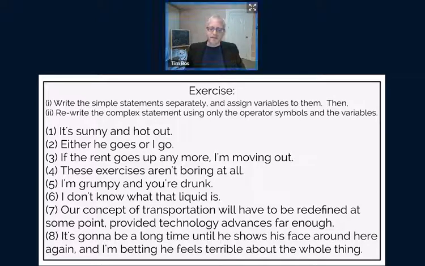What about number 6? Is it a conjunction, disjunction, conditional, or negation? Yeah, it's another negation. So now maybe we're getting a little clearer on how this works for a negation. What's the simple statement that's being negated?